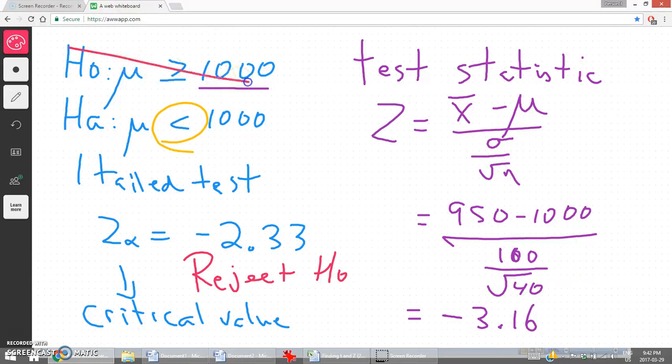Rejecting the null hypothesis basically means we can scratch that null hypothesis out because we have proved that it is not valid. So we are left with the statement that the average life of a light bulb is not 1,000 hours.